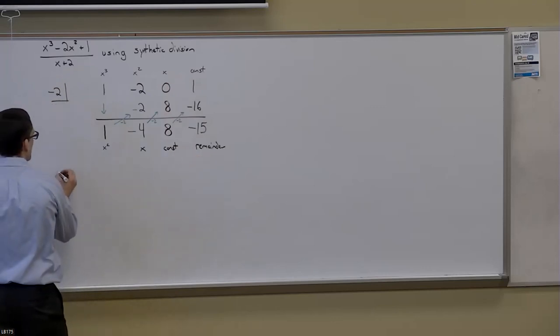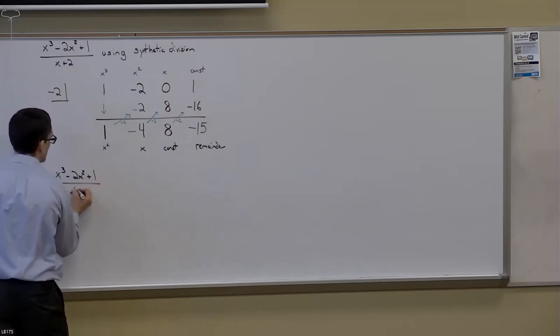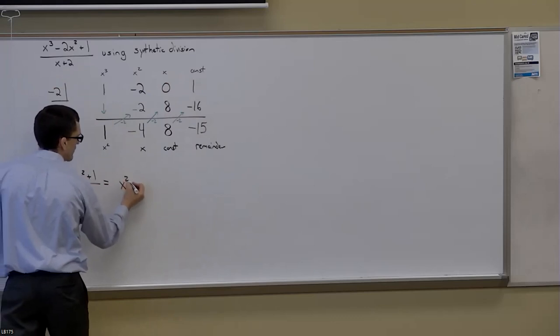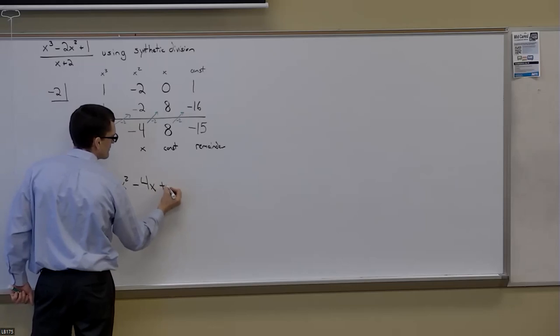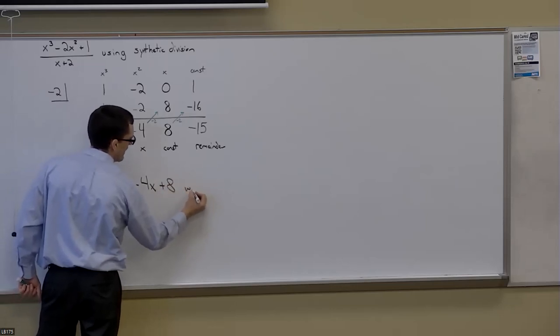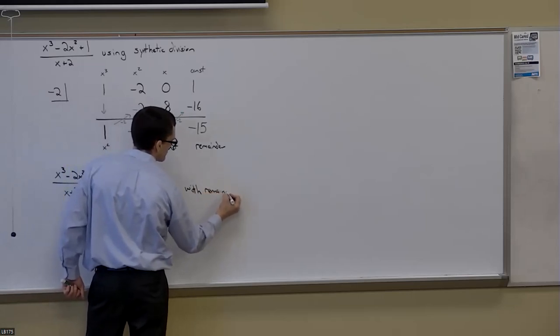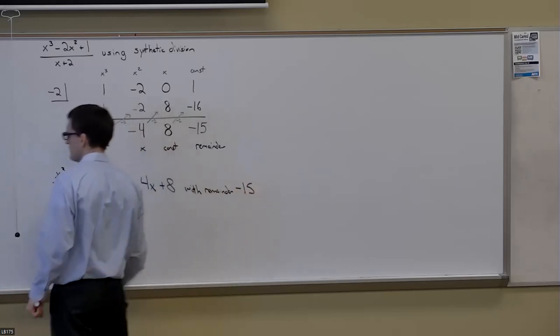So this tells me that x to the third minus 2x squared plus 1 divided by x plus 2 is actually 1x squared minus 4x plus 8 with remainder of negative 15.